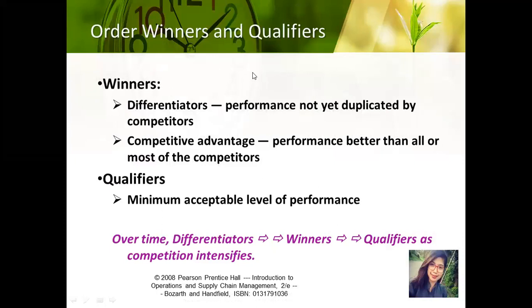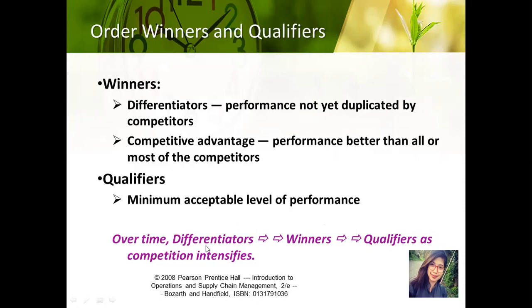For the order winners and qualifiers, when we say winners, we have the differentiators, or the performance that is not yet duplicated by competitors. We also have the competitive advantage, which is performance better than all or most of the competitors. For the qualifiers, these are the minimum acceptable level of performance.